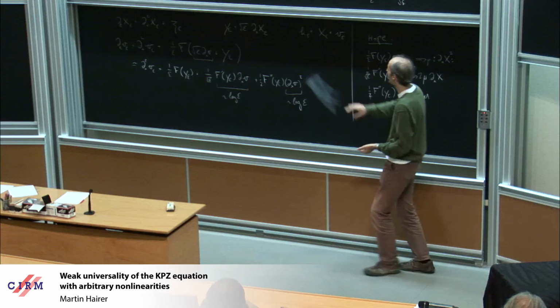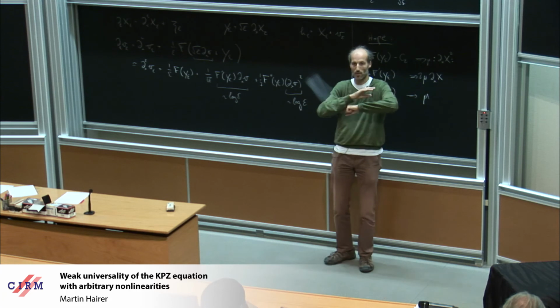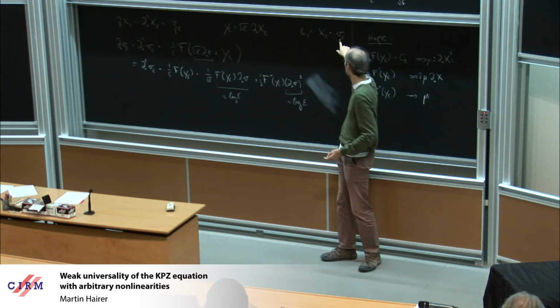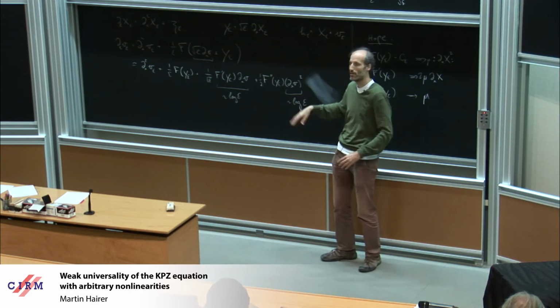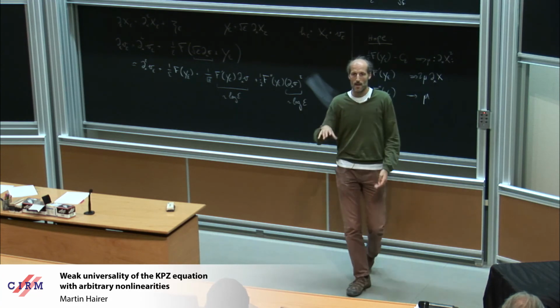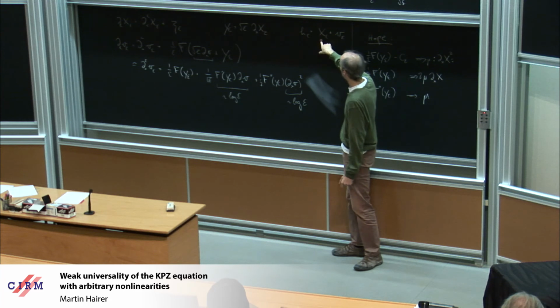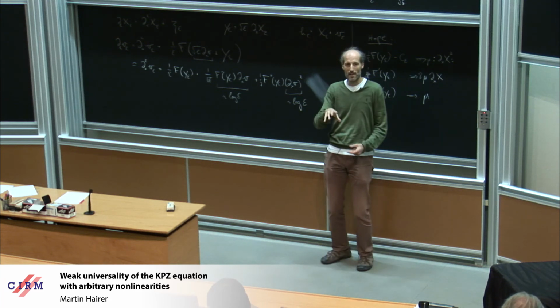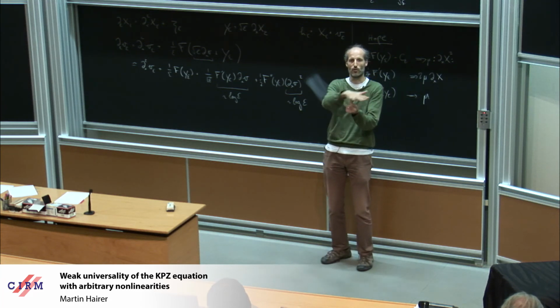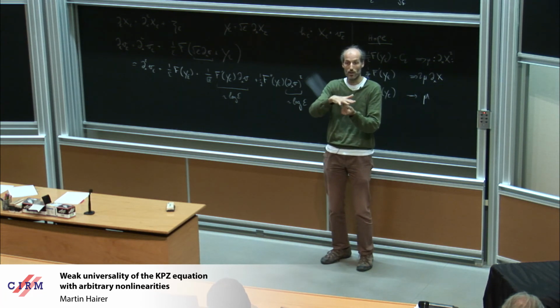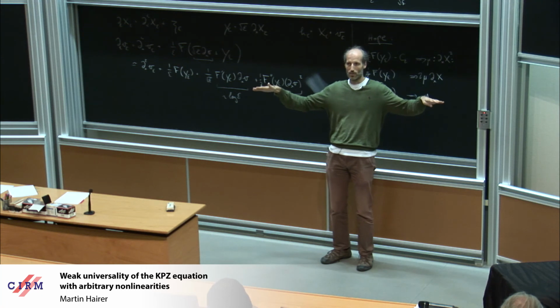Okay, so here it's global in the sense that you say H, the whole process, is equal to this guy, which is also globally defined, plus a remainder. And at some point what you have to do is a similar sort of expansion, but where the terms in the expansion depend on the space-time point around which you perform the expansion. Okay, so the expansion actually becomes local rather than global.